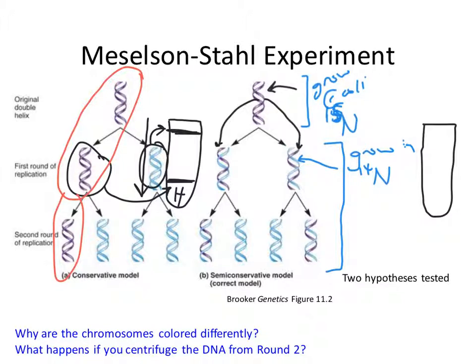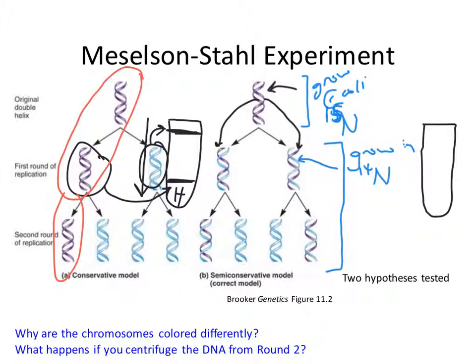You've got two molecules, they're both half heavy. What are you going to draw in the centrifuge tube? Are the two molecules going to look identical, or are they going to look different? So they're both 50% heavy nitrogen, 50% light nitrogen.